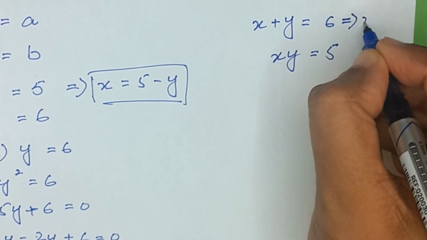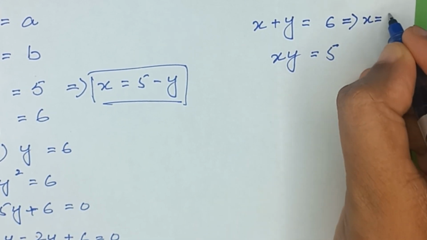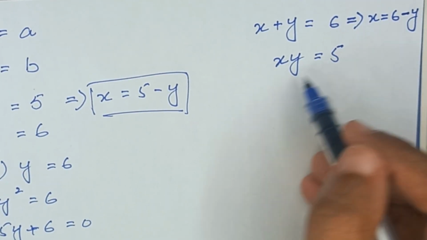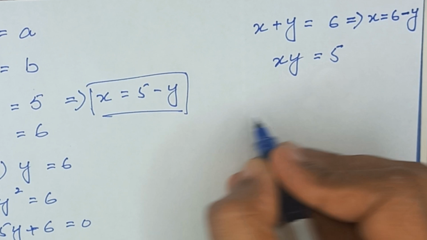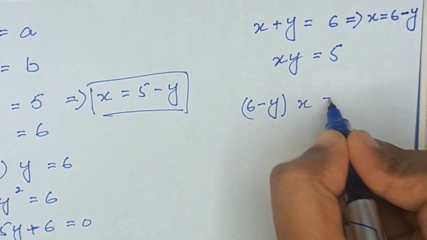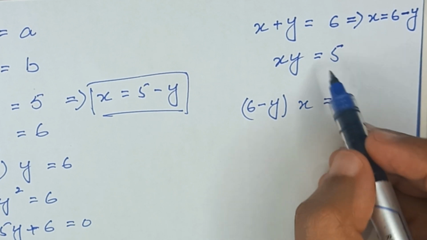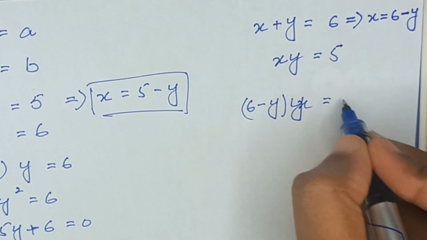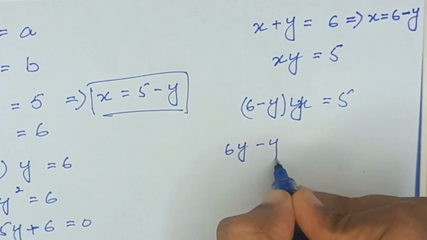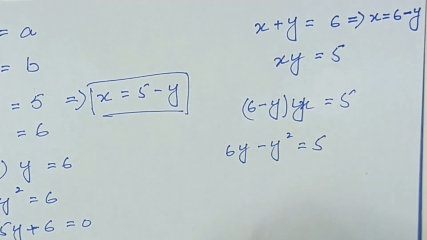So from here x will be equal to 6 minus y. Now we will substitute this 6 minus y into this equation. xy is equal to 5, so it will become (6 minus y) into y is equal to 5. So it will become 6y minus y square is equal to 5.